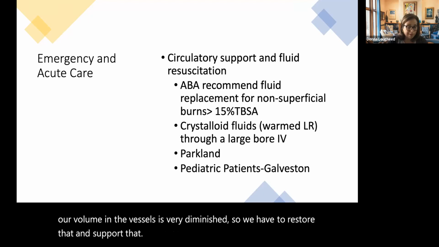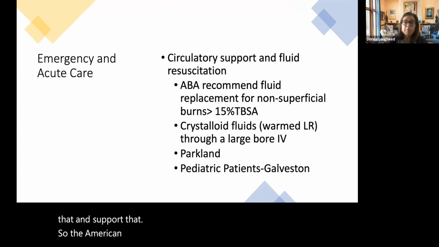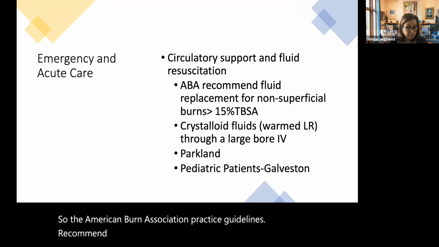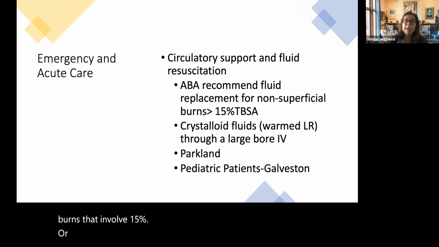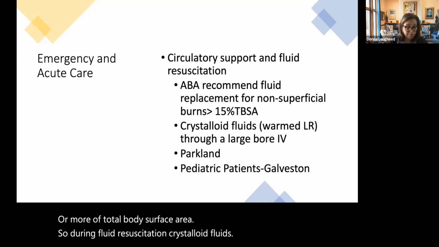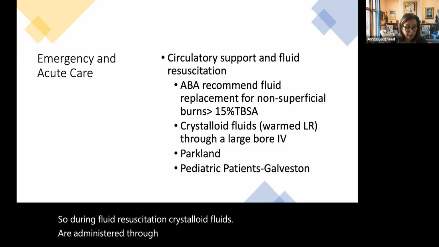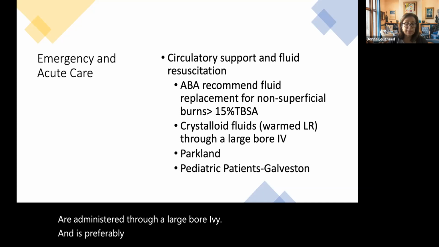So the American Burn Association practice guidelines recommend fluid replacement to any patient with non-superficial burns that involve 15% or more of total body surface area. So during fluid resuscitation, crystalloid fluids are administered through a large bore IV, and it's preferably inserted through unburned skin.